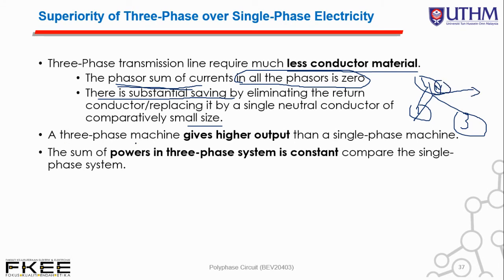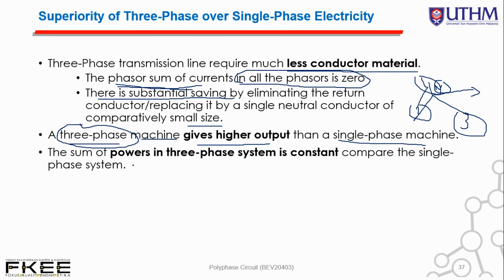All three-phase machines give higher output than a single-phase machine, of course, due to the better power supply of the three-phase, so better performance of the system. A machine, for example, is operated at three-phase voltage.